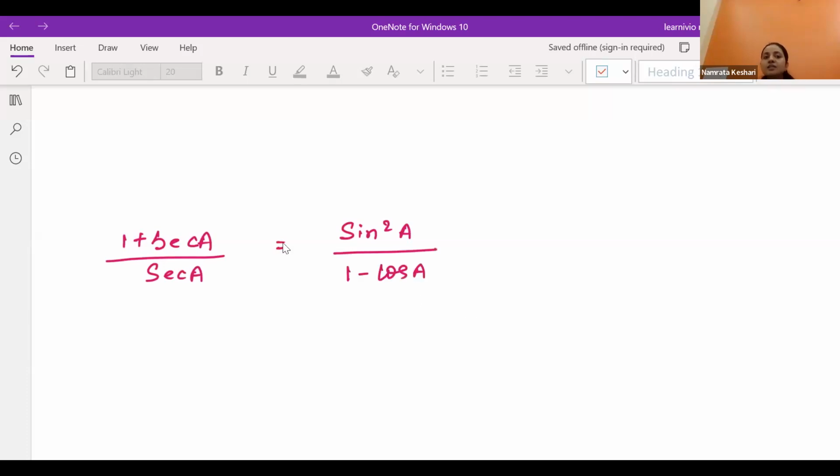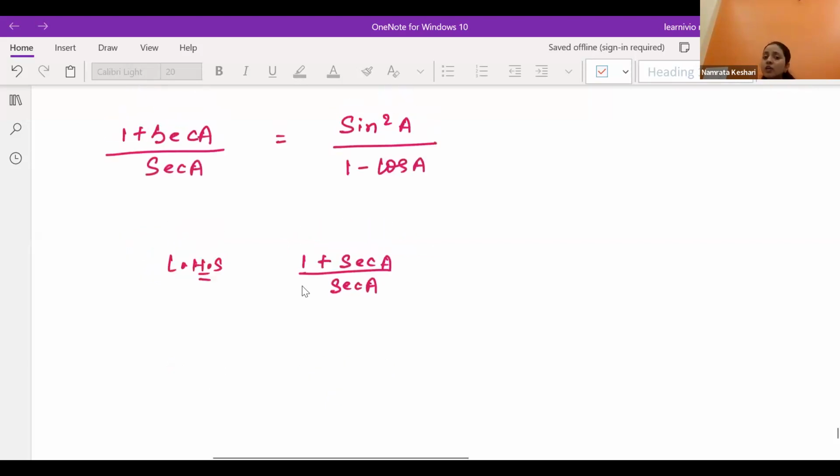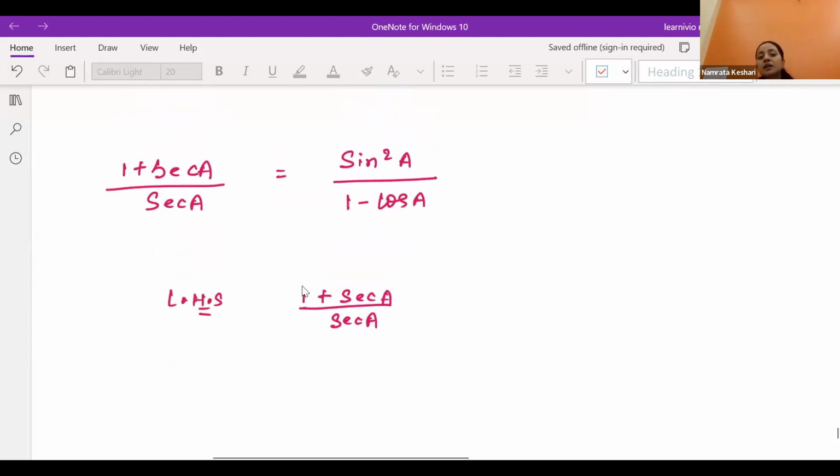Let's try proving left hand side is equal to right hand side. We will take the left hand side, LHS, and it is 1 plus sec A by sec A. We know that whenever we have sec, cosec, tan, cot, we can convert it in terms of sine and cos. And here obviously we will do so because sine and cos are reflected on the other side.